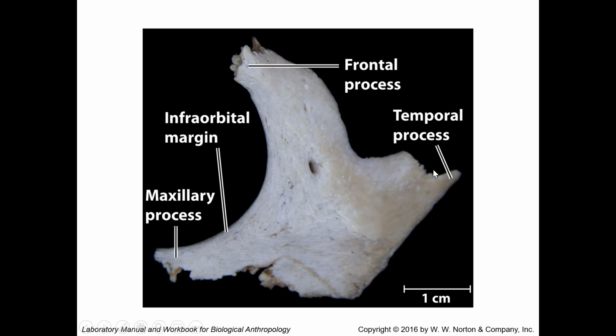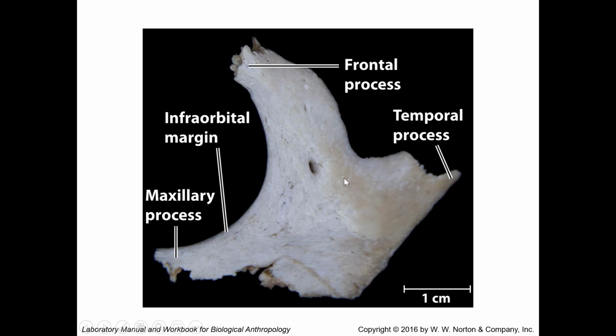The temporal process back here will articulate with the temporal bone, and the maxillary process will articulate with the maxilla. If you think about it, this maxillary process will articulate with the zygomatic process on the maxilla. So it kind of makes sense. These projections are named after the bone that they articulate with.